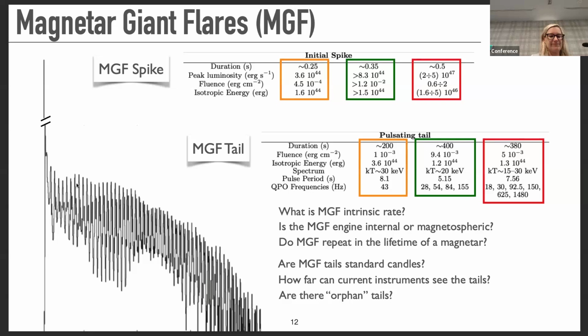And how far can current instruments see this tail? Because the bright peak is beamed, we have evidence that it's a beamed emission. What if this happens when it's out of our field of view, but we could still see the tail? We should be able to observe orphan tails from these magnetar giant flares.